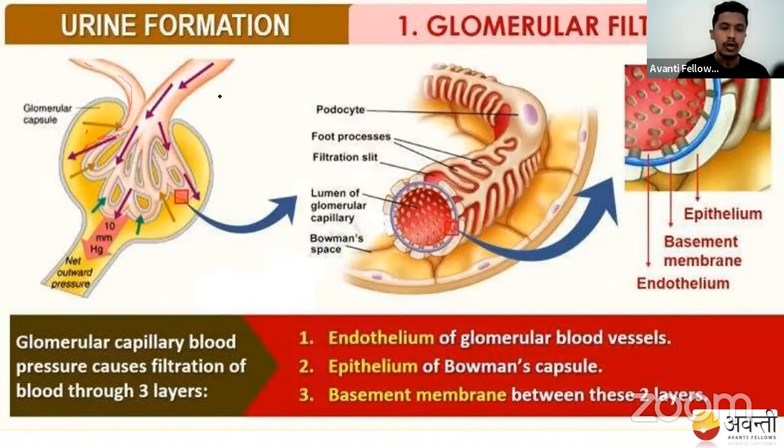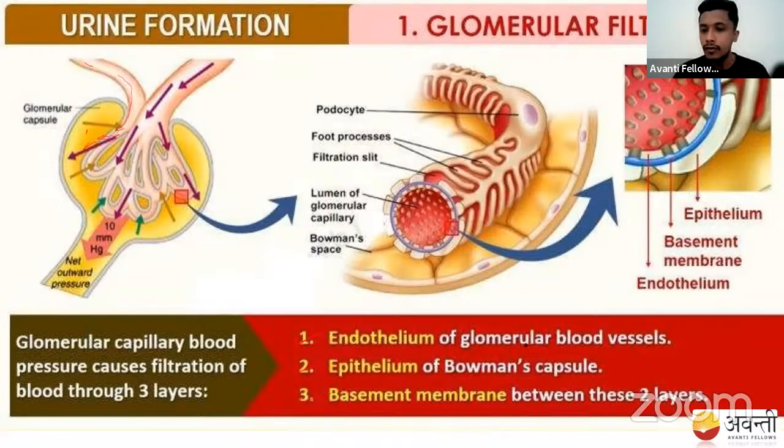When we talk about the filtration process and who facilitates it, we understood that the layers of the glomerulus and the Bowman's capsule make one integral membrane that acts as a filtration slit. Here we have three important layers: the endothelium, the epithelium, and the basement membrane.